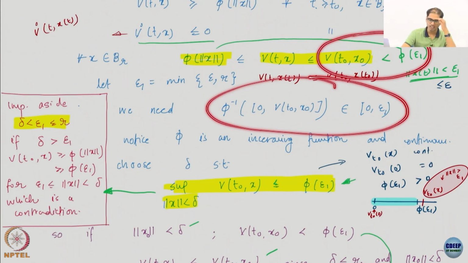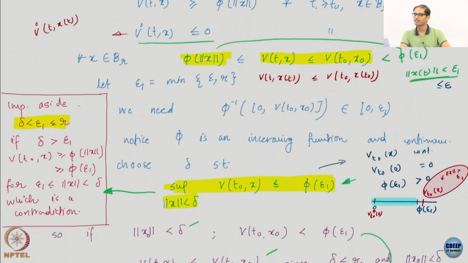Because I have to write everything as open sets in some sense, these are relative open sets, so things seem complicated, but this is what I want. I want phi inverse of 0 to V(t0,x0) to lie within 0 to epsilon 1.